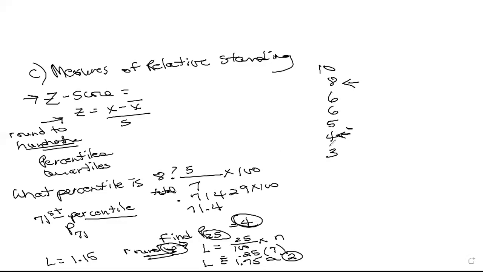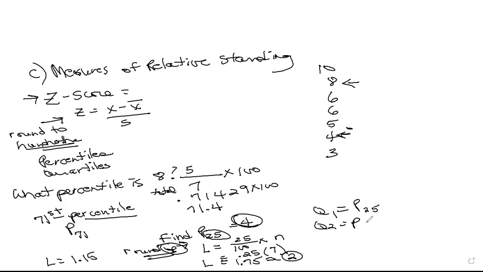Make sure that if I give you the number, you can give me the percentile, or if I give you the percentile, you can give me the number. And then remember that quartile 1 is the same thing as P sub 25. So instead of saying find P sub 25, I could have said find Q1. It's the same question.